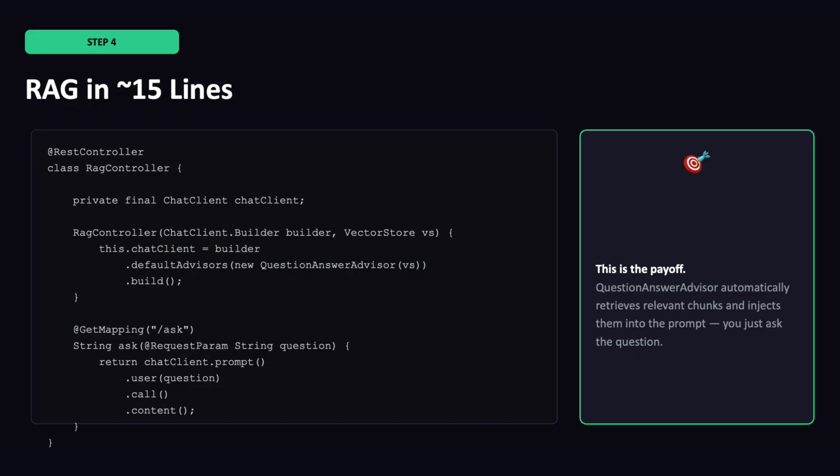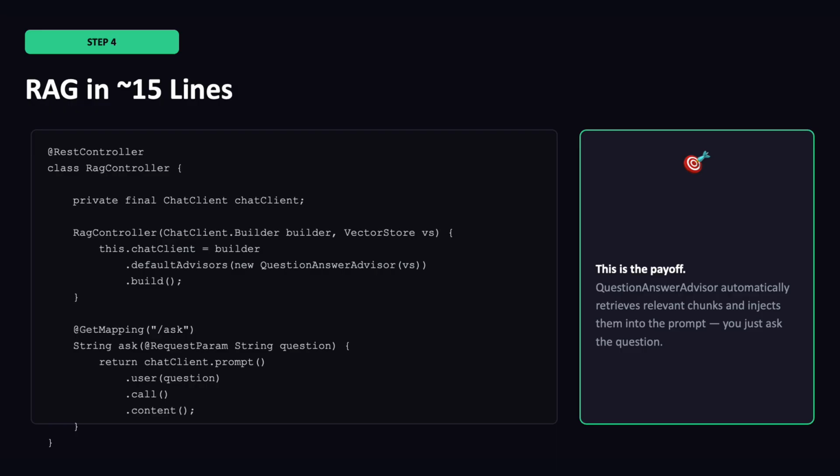Now, the part that feels like magic is the question answer advisor. It's one line, and it automatically retrieves the relevant chunks and injects them into the prompt before your question ever reaches the model. Think about Intercom, Fin AI, or Zendesk AI agent.